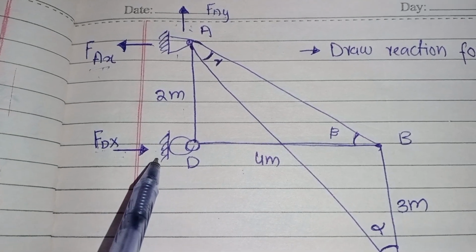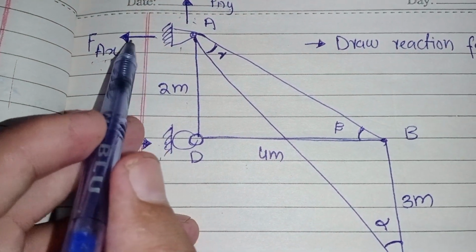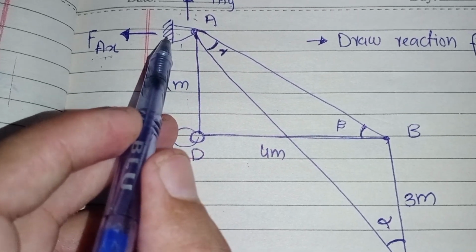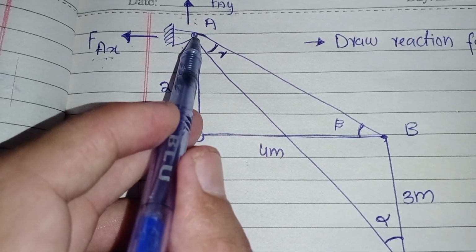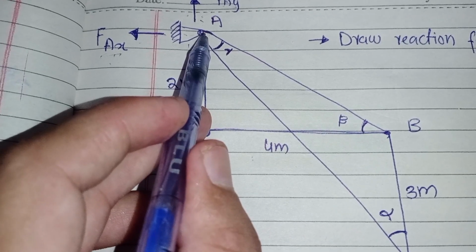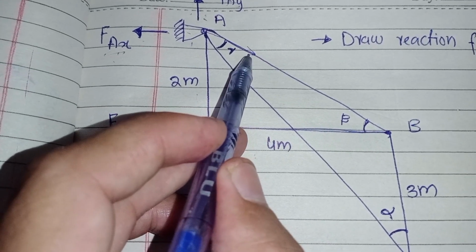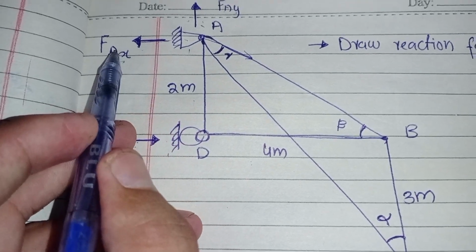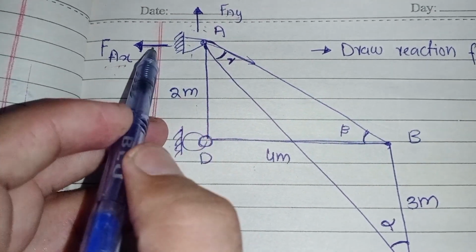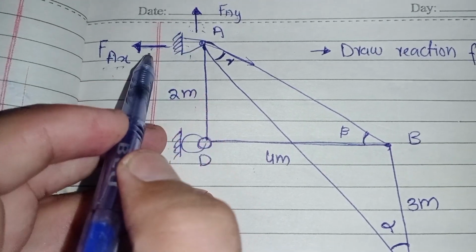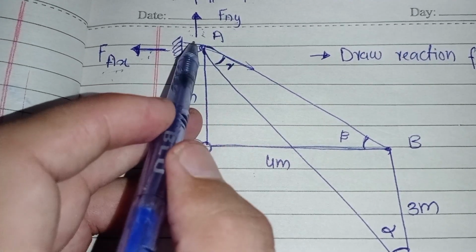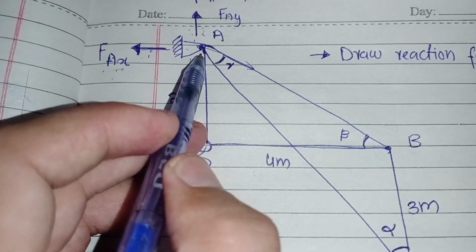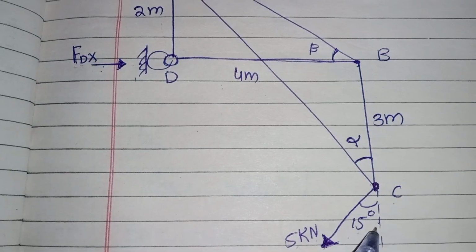This is the reaction force of the load which tries to move this truss to the right side, and the reaction force will apply to the left side like this. It also works like this if FAY tries to resist the force which is applied downward.